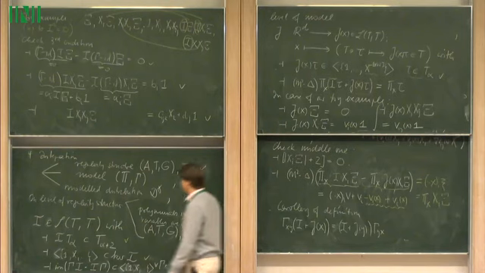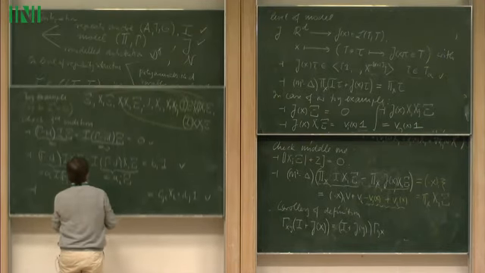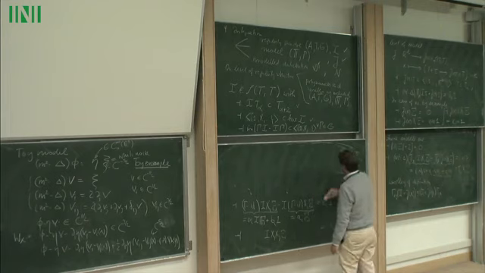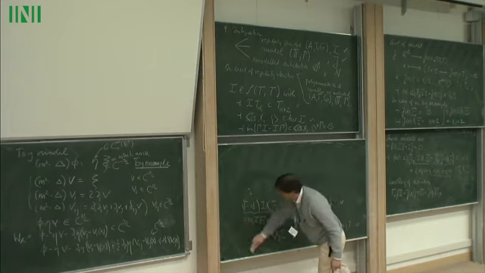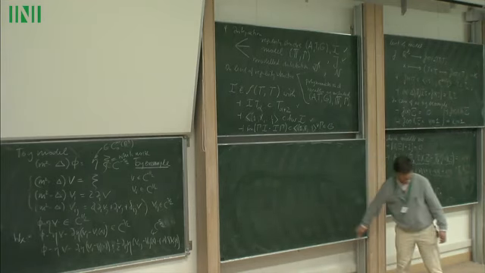So the last level: what does it mean on the level of the model distribution?